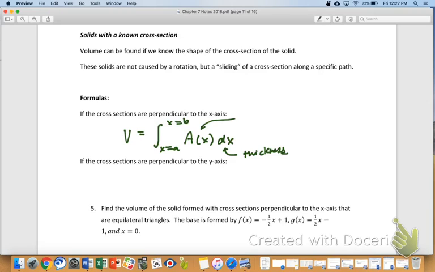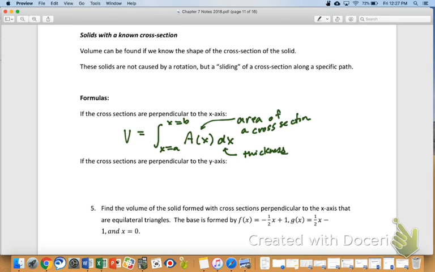The formula for the area. For the area, yes. So I'm going to put area of one of the cross sections. If you took one of those squares, rectangles or triangles, we'd want to express the area for that.